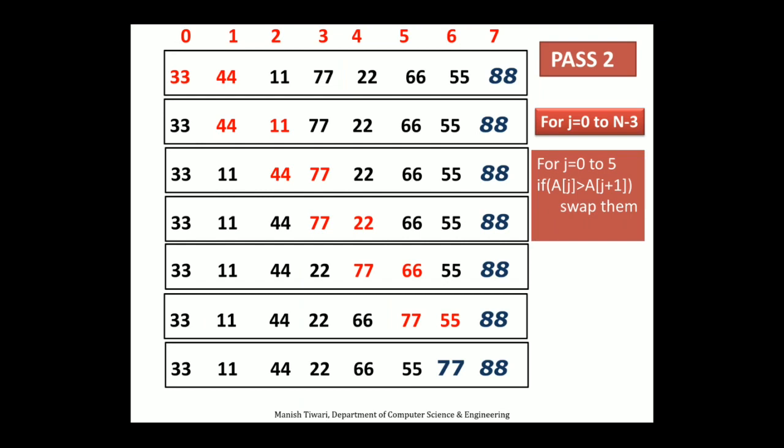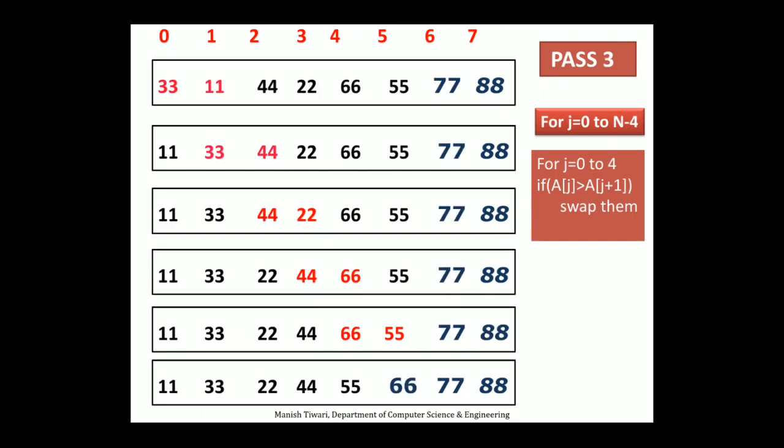When j is 5, the last comparison will be between a5 and a5 plus 1, that is a6. So in pass 2 the loop of j should start with 0 and go up to n minus 3. In the same way, in pass 3 it should go up to n minus 4.